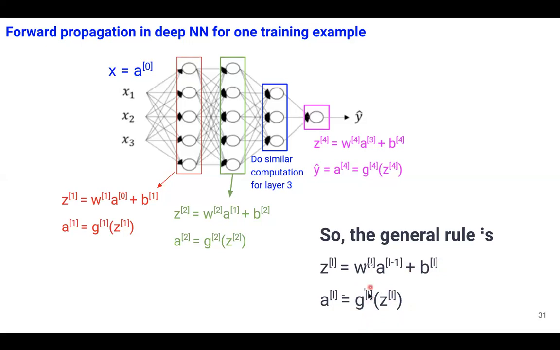The activation function is also layer dependent because you can choose tanh for one layer, ReLU for another layer, leaky ReLU for another layer. That is why g superscript L is written here. That gives you a[L]. And ultimately that will give you a4 in this case, which is your Y hat.